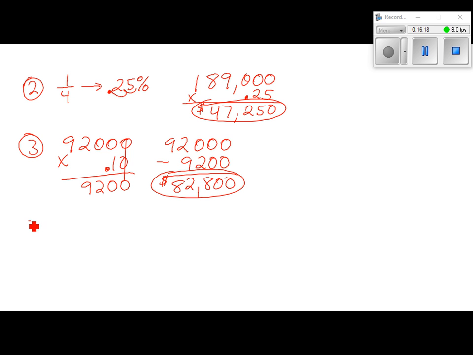Skipping down to number 5, says Fred and his brother are interested in purchasing a house priced at $310,000. They plan to put 30% down and finance the remaining through Anderson Savings. Anderson Savings has the following closing costs, and they give you a list of all the closing costs there.